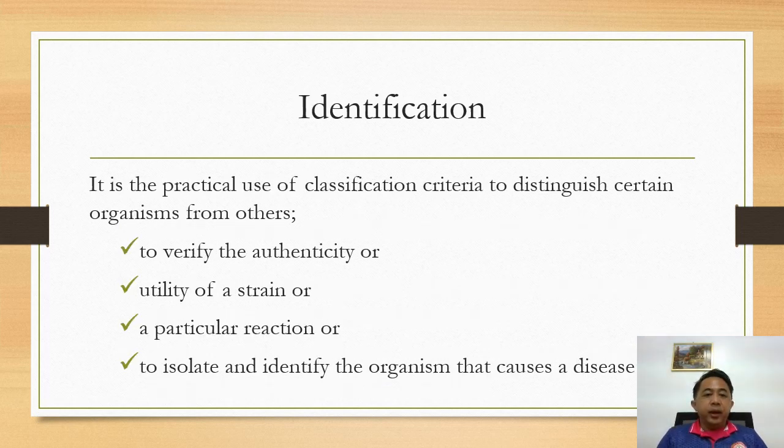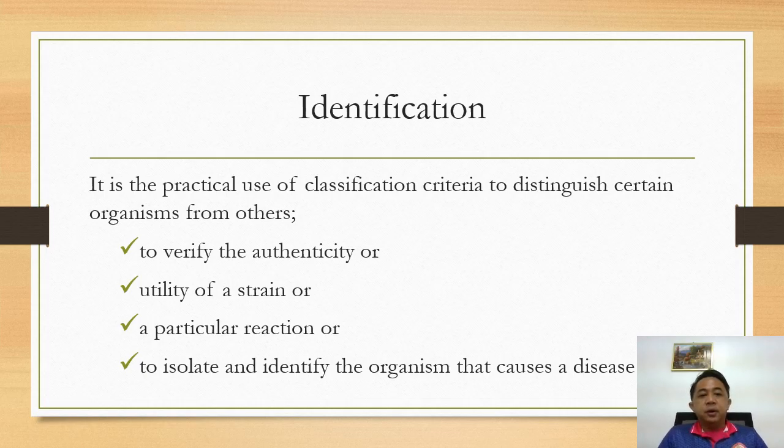For identifying, it is a practical method or use of classification criteria that we are going to use in distinguishing certain organisms from each other. When we are going to identify an organism or microorganism, we first verify the authenticity.